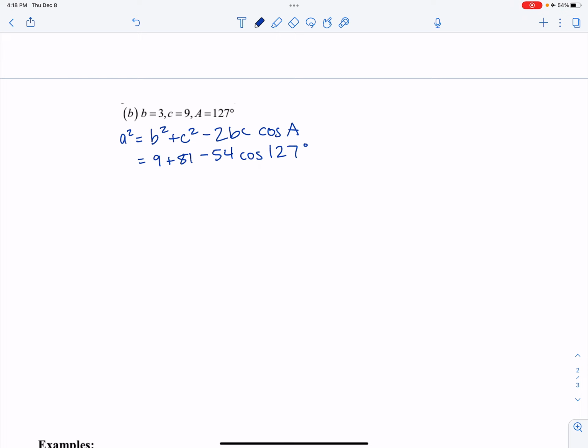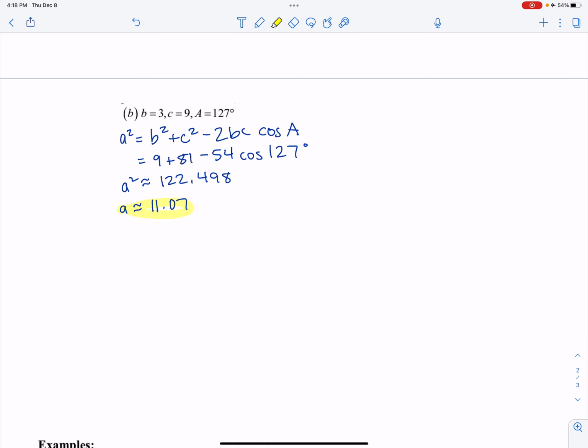All I did was multiply everything out. So this is approximately 122.498. Now that's a squared. So a is the square root of that, which is about 11.07.